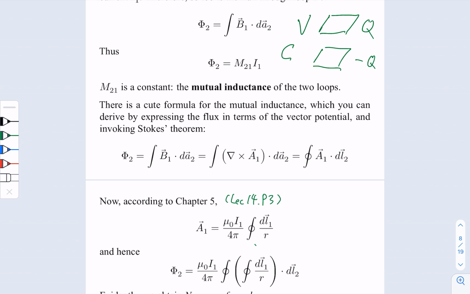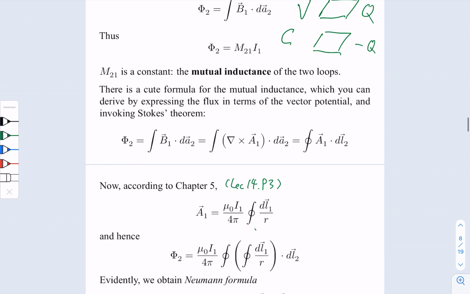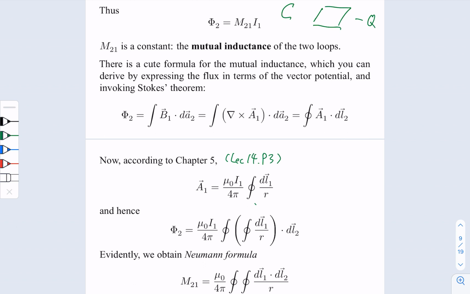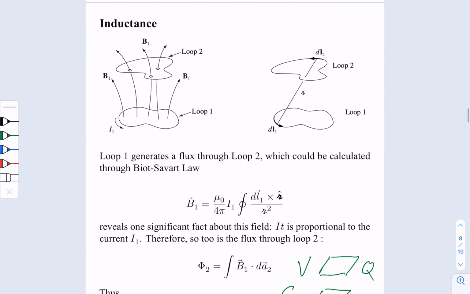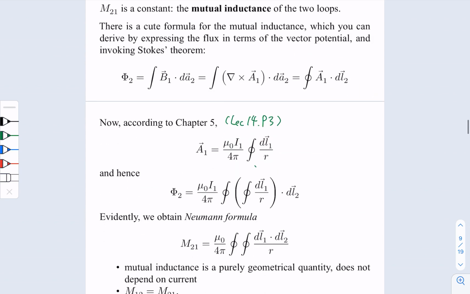And from this expression for A1, if we plug that in, then this single integral becomes a double integral, where the integral is over dl1 and dl2, the two line elements, and here the separation vector is from dl1 to dl2.